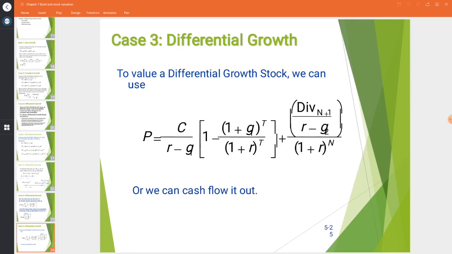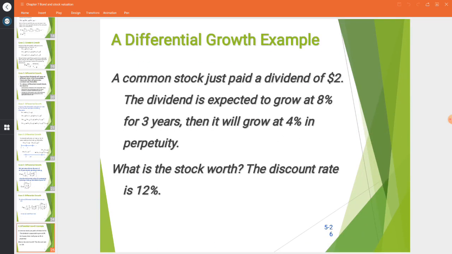In this case, Div at N plus 1 discounted by R minus G2 discounted by 1 plus R power to N. This is how you would determine the BV of differential growth rate.